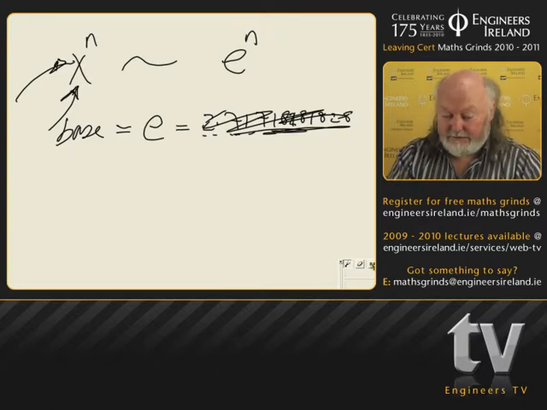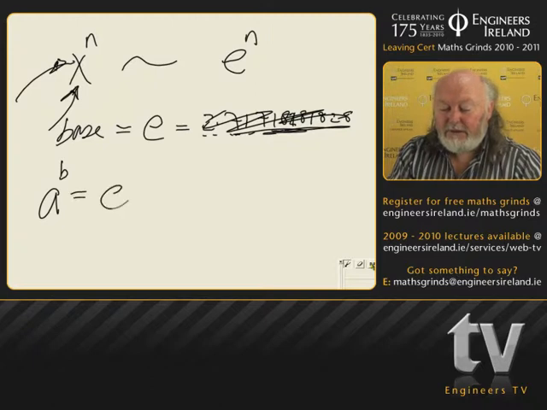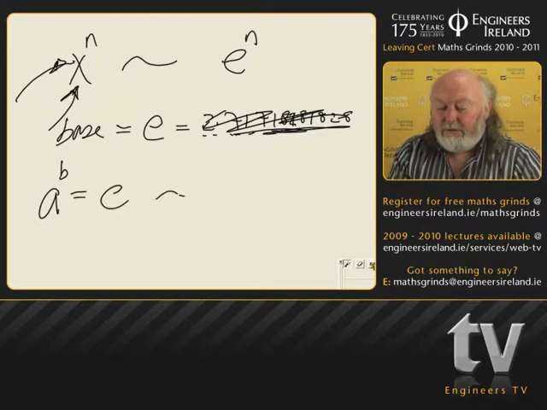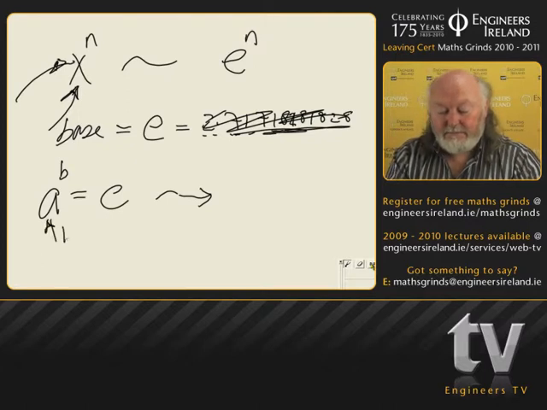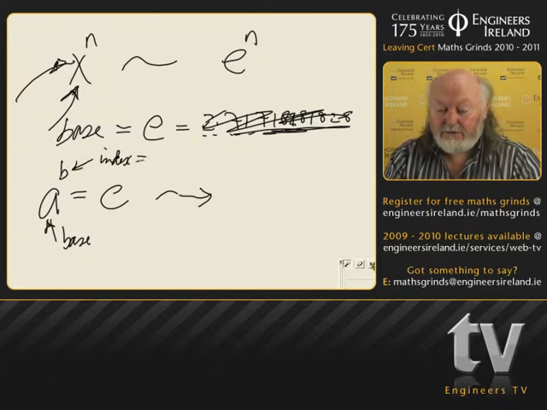In relation to the logs, when you have a to the b equal to c, how that relates across to logs is we're saying this is a base, that's an index, which is also called a log.